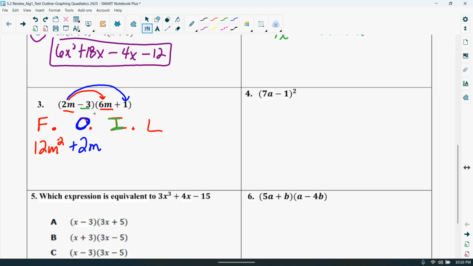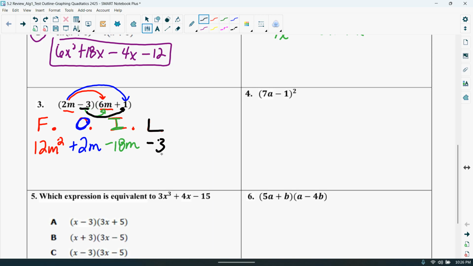So this is a negative 3 times this positive 6m. That gives me a negative 18m. Okay. And then the last term, or the L's for the last terms, that's the negative 3 times that 1. So that's a negative 3.